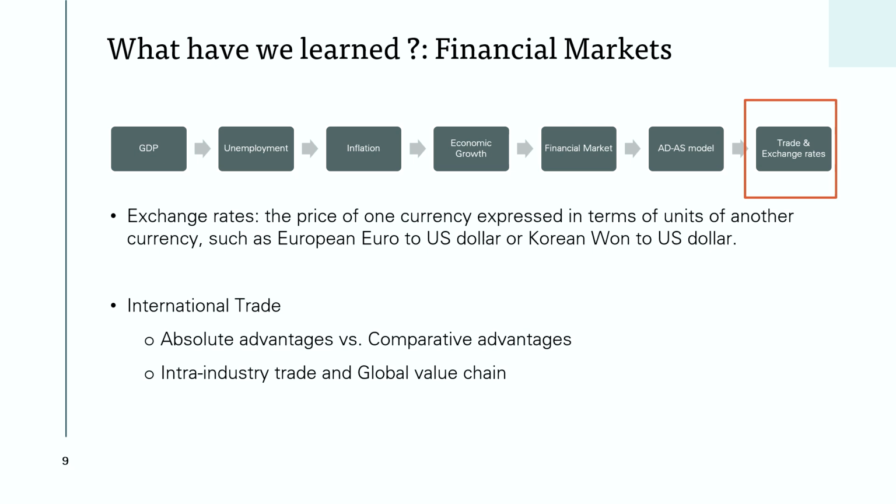We also explored international trade, including concepts like absolute and comparative advantage, intra-industry trade, and global value chains. These topics show how deeply interconnected economies are and why international markets matter for domestic economic conditions.